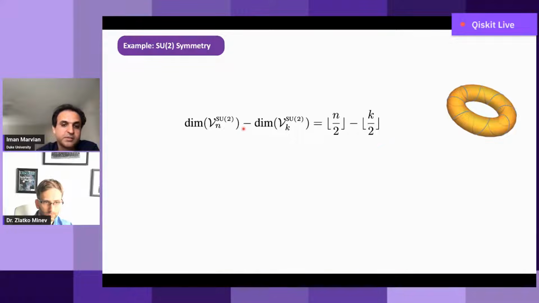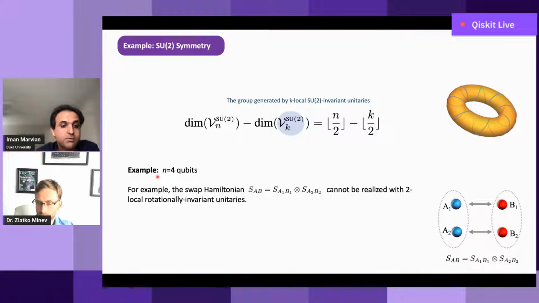Now, here's the example of SU2. In the example of SU2, a similar formula holds. It's slightly more complicated, but essentially similar. The difference in dimension of the two groups is the integer part of n over 2 minus the integer part of k over 2. Again, this V_k^SU2 is the group generated by k-local SU2 invariant unitaries.